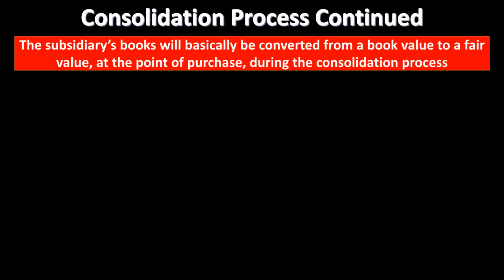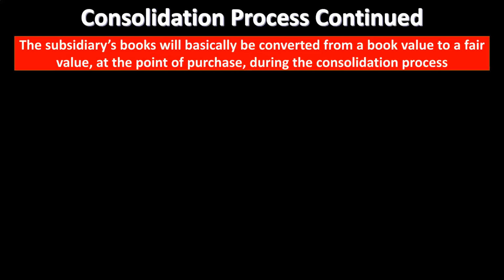So again, when I say the fair value basis, I mean the fair value basis at the point that the purchase took place. So if we're doing a consolidation 5 years later, for example, we could imagine a situation where the depreciable assets at the point in time of the purchase 5 years ago were higher than the book value of the subsidiary.